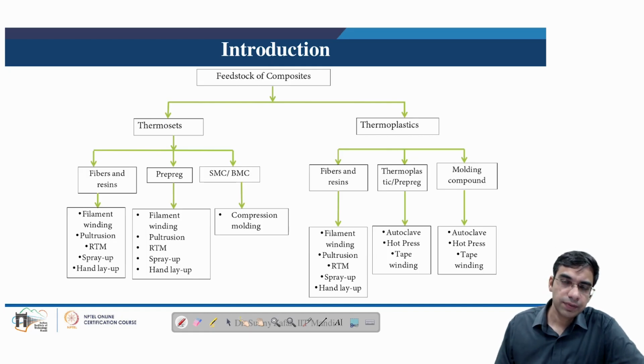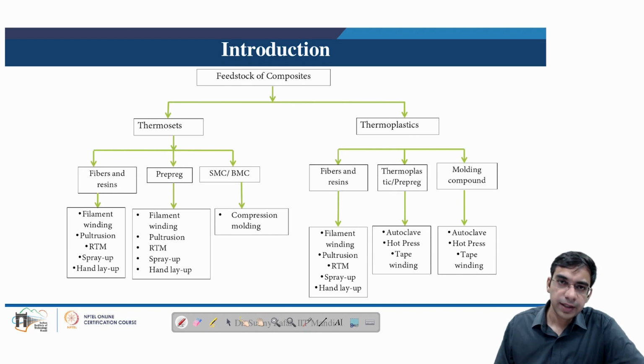So based on this fundamental classification, the various manufacturing techniques are listed here, which are basically depending on, say, targeting fiber and resin. Under this category we have filament winding, pultrusion, resin transfer molding abbreviated as RTM. We have hand layup and spray layup techniques.